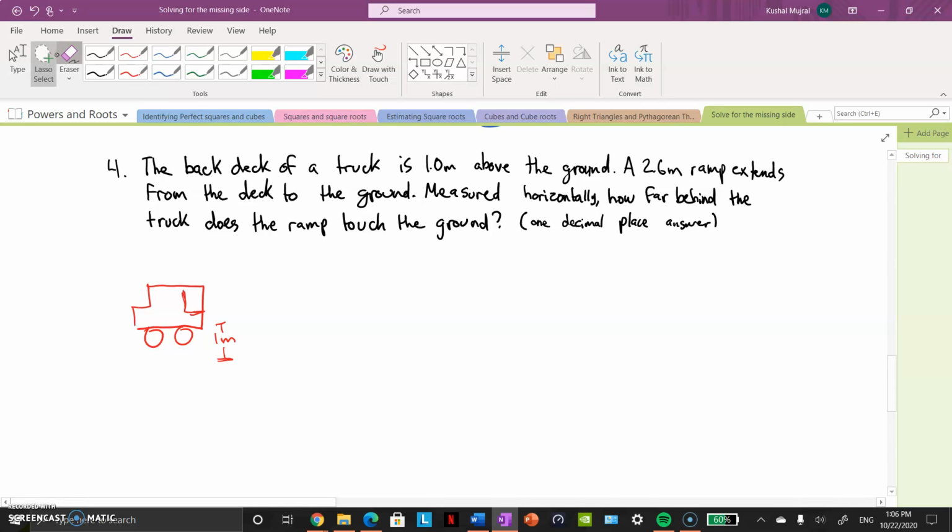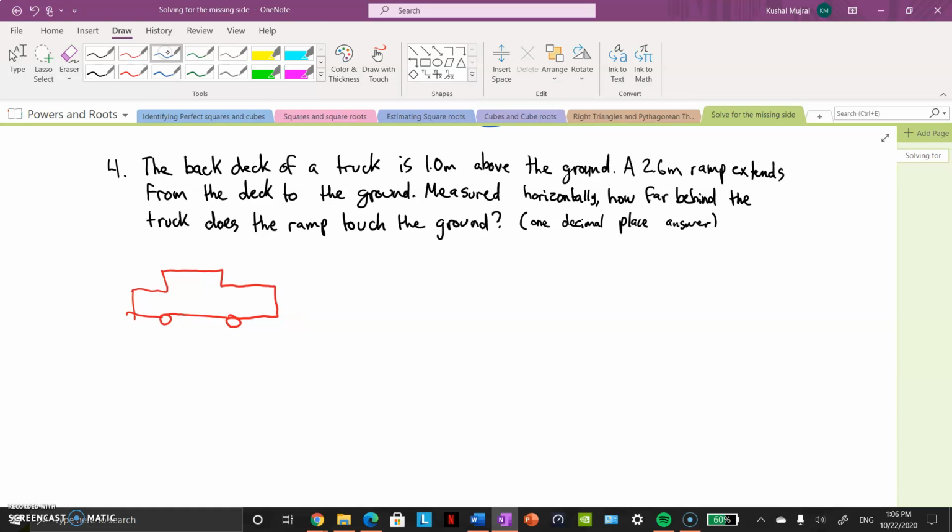So let's draw a pickup truck, actually, that'll make it a bit easier. Okay, so this is the deck, okay? There's 1 meter from here to the ground, okay?